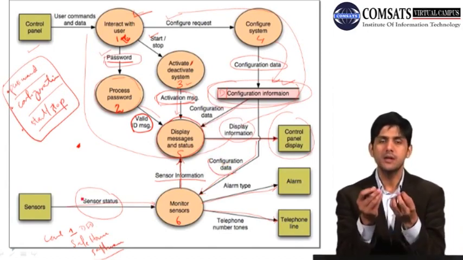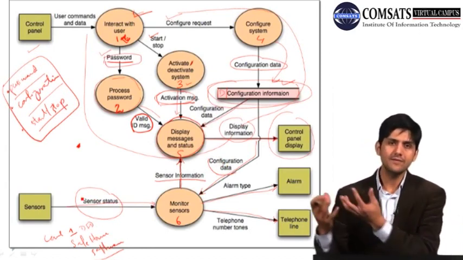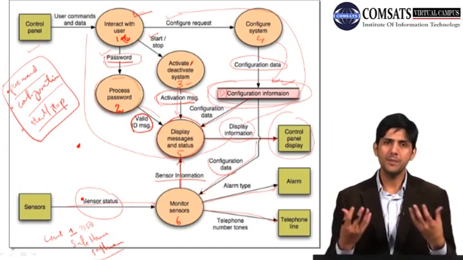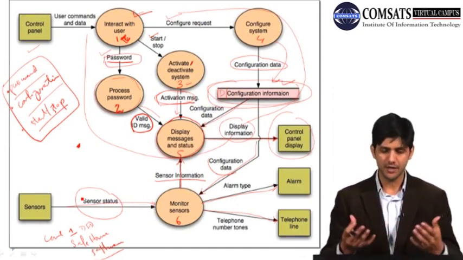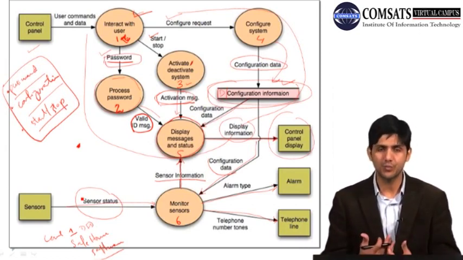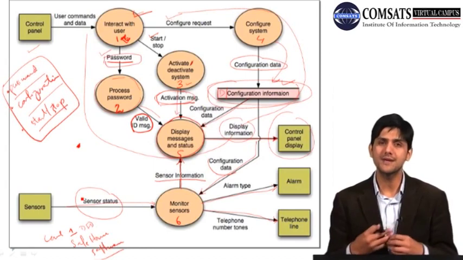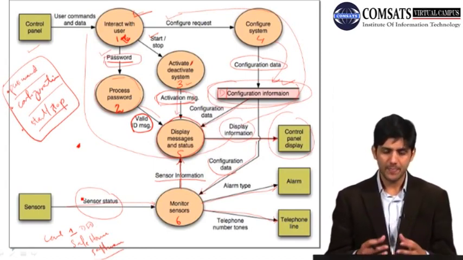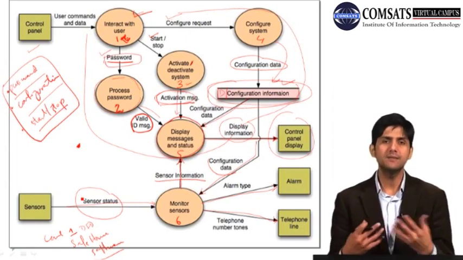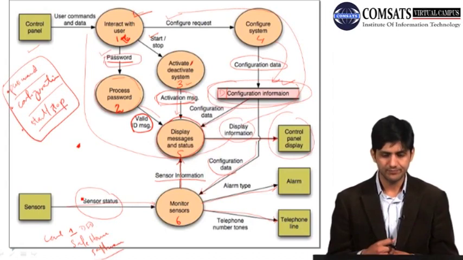One is the actual values from different sensors. Then you have the configuration input, and on the basis of these 2 inputs, the monitor sensors process is producing 3 kinds of outputs. One is the sensor information, and the other 2 outputs go to 2 other external entities, which are the alarm and the telephone line. So this is how we decompose a level 0 DFD into a level 1 DFD.